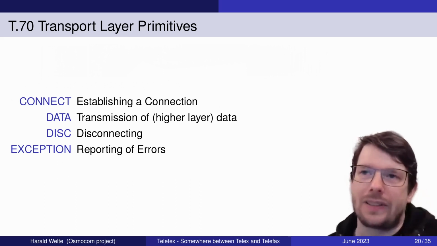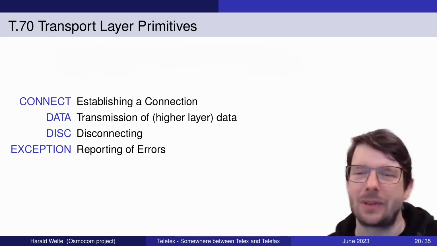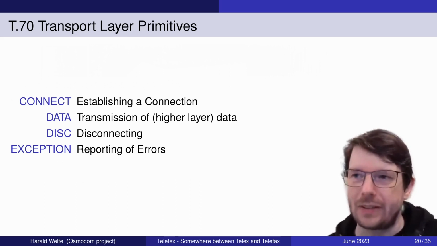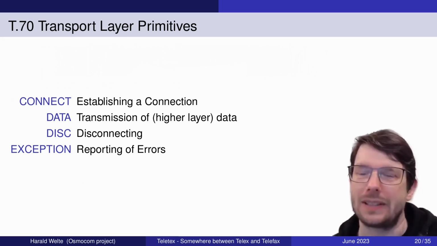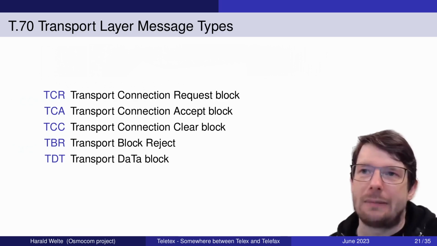And of course, there's HDLC. I didn't mention that, but since it's a synchronous protocol, of course, there's HDLC involved. So in order to actually have message boundaries transmitted over the bit synchronous protocol and have some CRC, you have HDLC basically as part of the lower layer bearers that carry this layer 4 T.70 protocol.